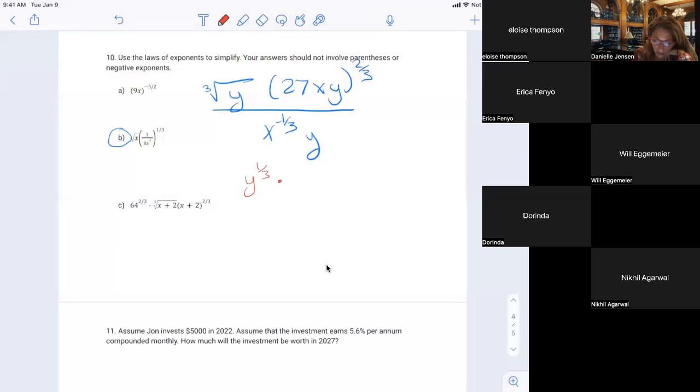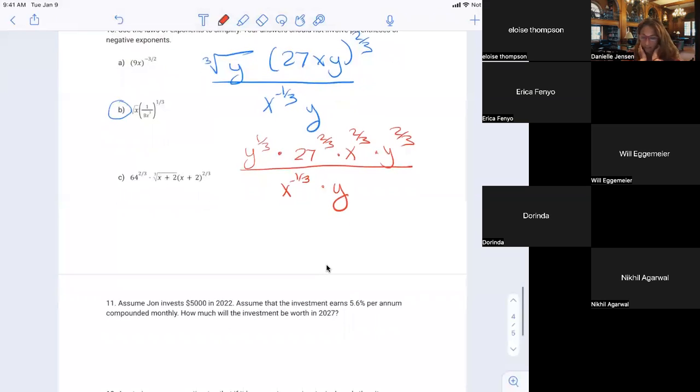So that might be what I do next, because this means 27 to the 2/3 times x to the 2/3 times y to the 2/3. And then in the denominator, I have x to the negative 1/3 times y. Okay, so a lot of exponents. Well, looking at just the numerator, there is something I can combine. What can I do with the numerator?